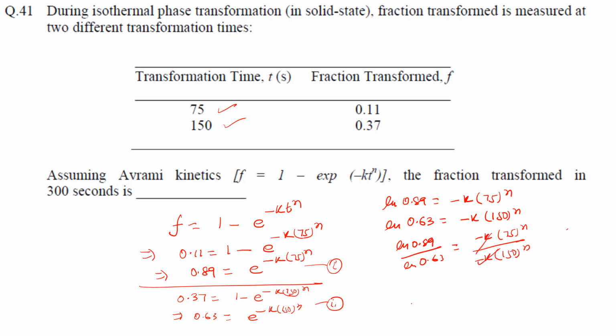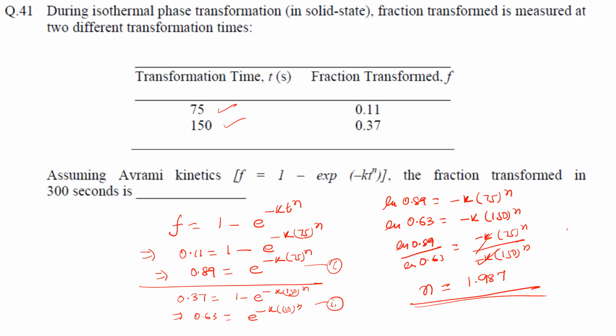So from here you can calculate n, and the value of n, I have calculated, is 1.987, right?